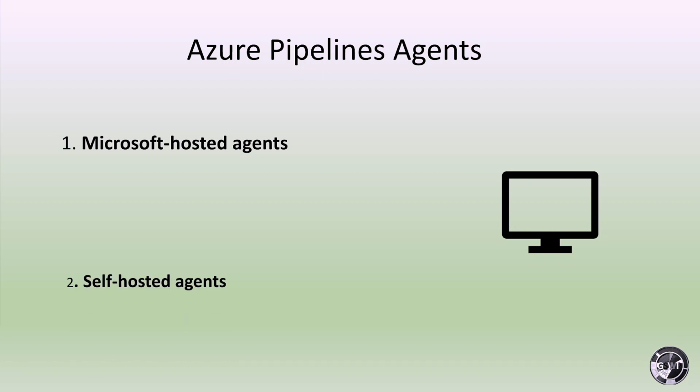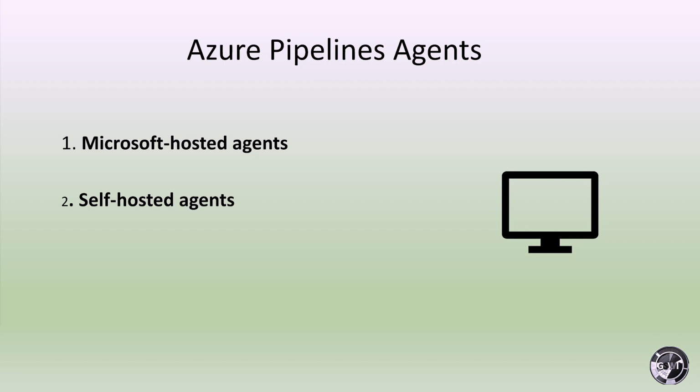So now comes the next one, which is called self-hosted agent. This is an agent that you set up and manage on your own to run jobs. You can use self-hosted agents in Azure Pipeline or Azure DevOps Server, formerly known as TFS, Team Foundation Server. Self-hosted agents give you more control to install dependent software needed for your builds and deployments.